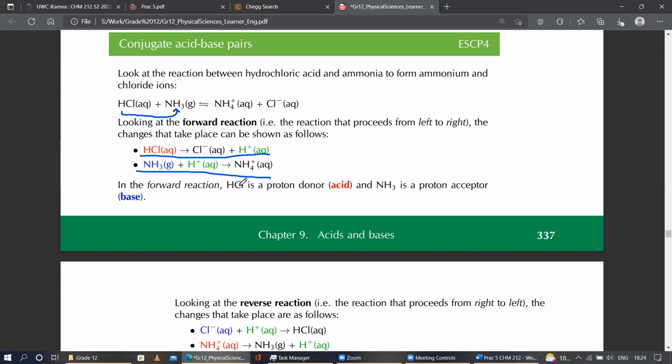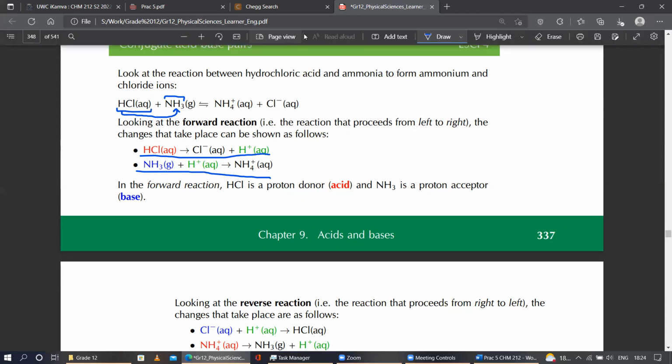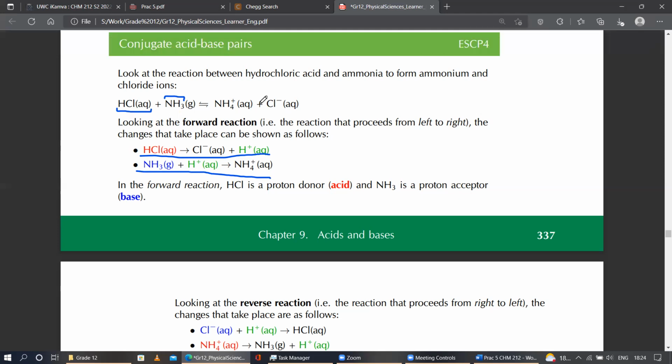So this is a base in the forward reaction, and this is the acid in the forward reaction. But since this reaction is in equilibrium, there also has to be a base and an acid on this side in order for the reaction to be reversed.